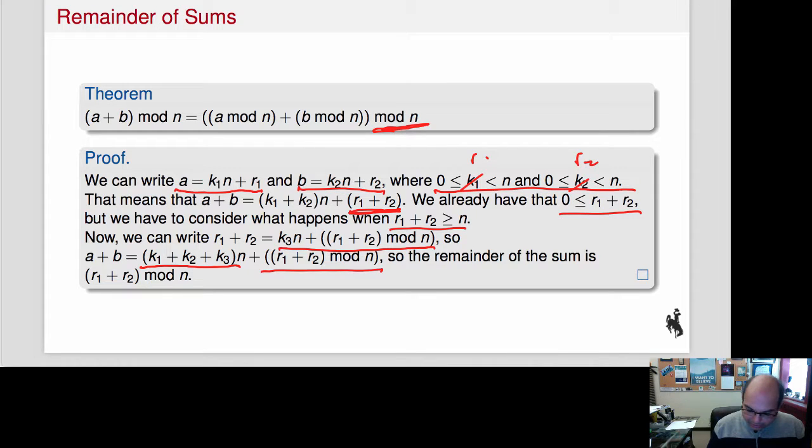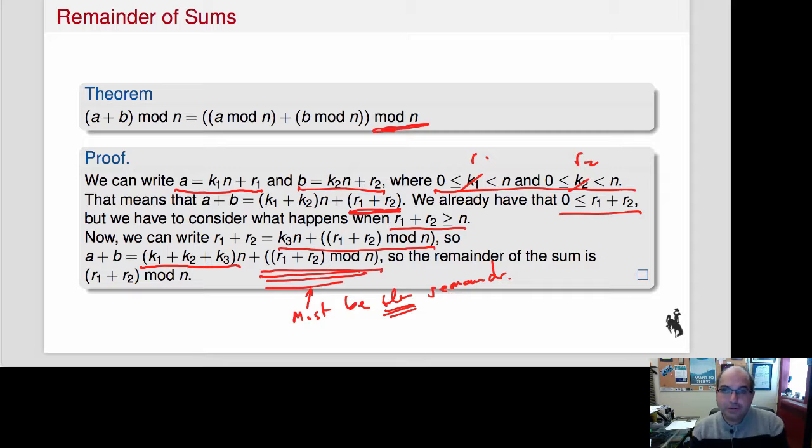The remainder of this whole thing is precisely that. This must be the remainder, because of the quotient remainder theorem, uniqueness part. So if you add two numbers modulo n, what you get is just the sum of the remainders, but you have to be careful to do that modulo n so that they're not too big.